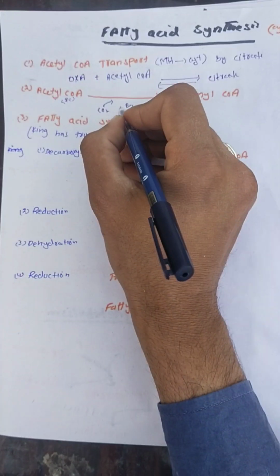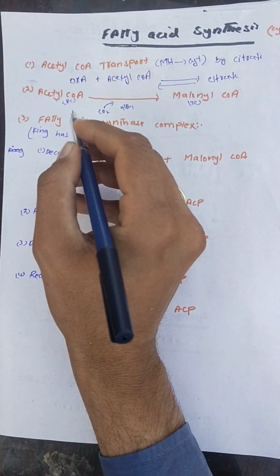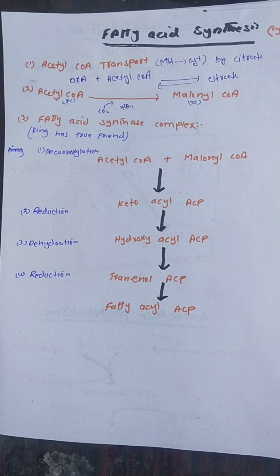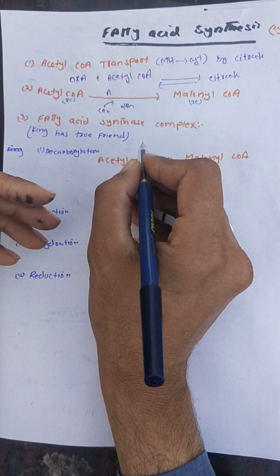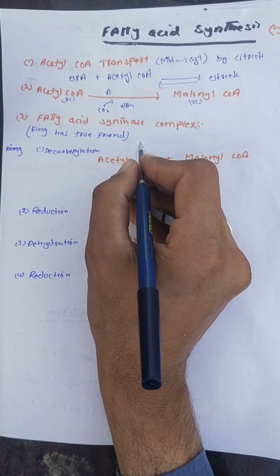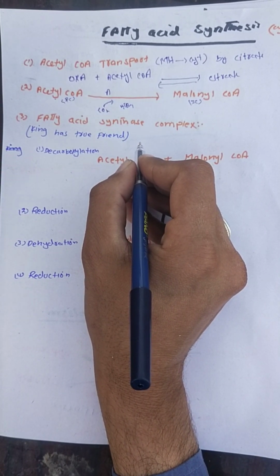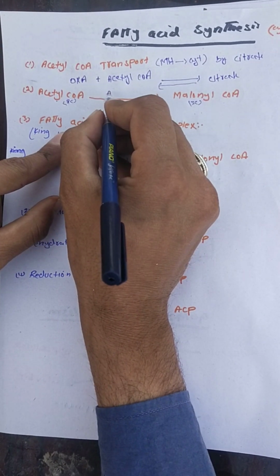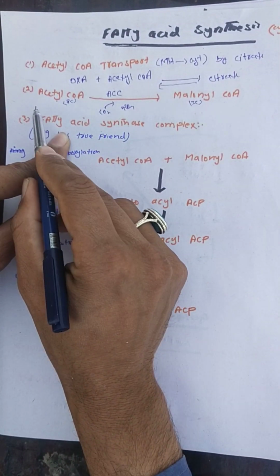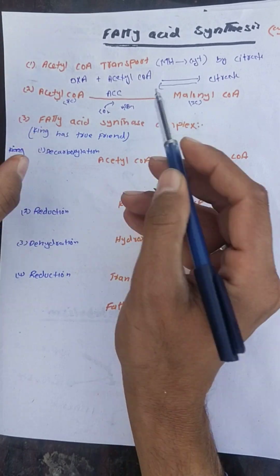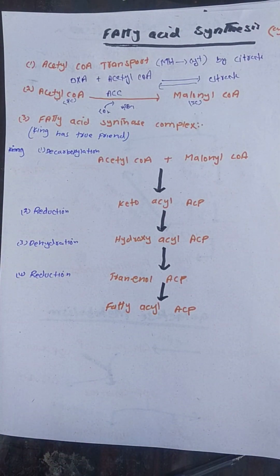Biotin is used here, and this reaction is done with the help of a carboxylase enzyme. The enzyme name depends on the substrate on which we do the carboxylation, which is acetyl CoA, so the enzyme is acetyl CoA carboxylase, ACC. And this is the regulatory step of fatty acid synthesis.